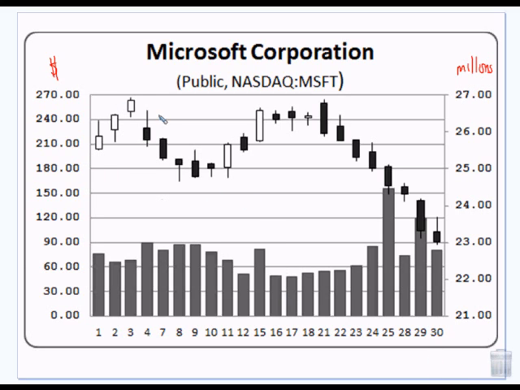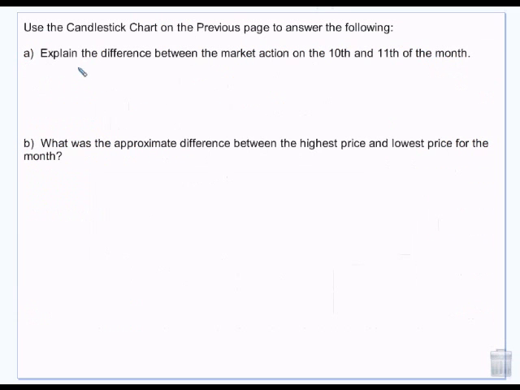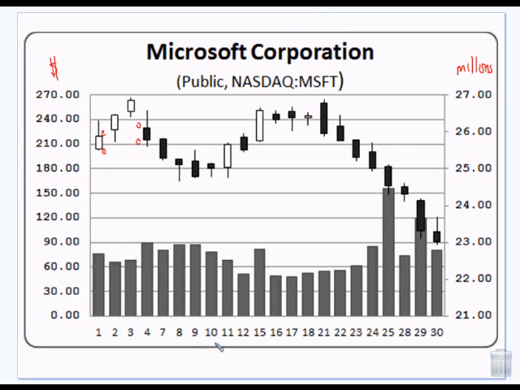So here's our candlestick chart. These white ones are the days that it opened and then closed higher, and the black ones are the days that it opened and then closed lower. If we are going to use this, we go back and look at the difference between the market action on the 10th and the 11th. So here's the 10th, here's the 11th.